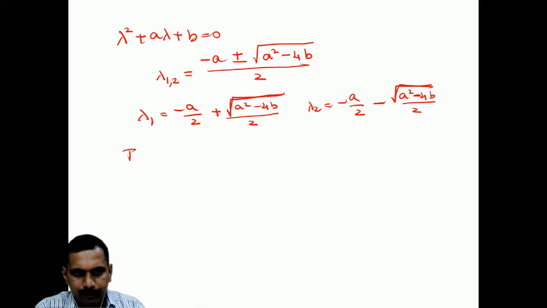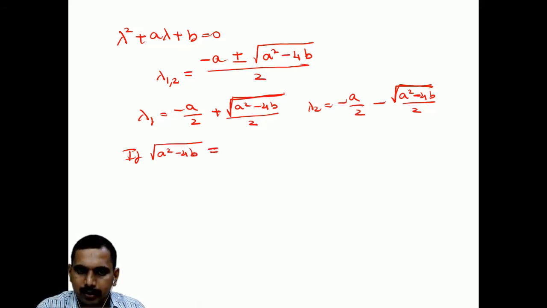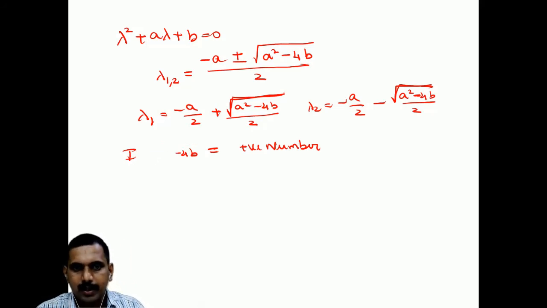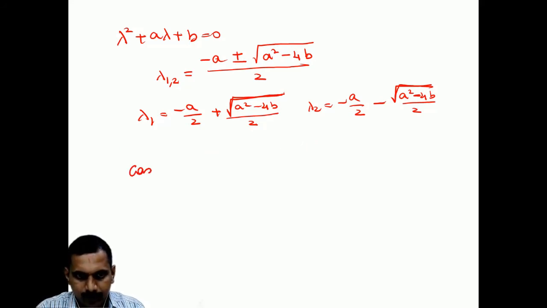Now there are three cases here. Case one is when a square minus 4b is greater than 0.